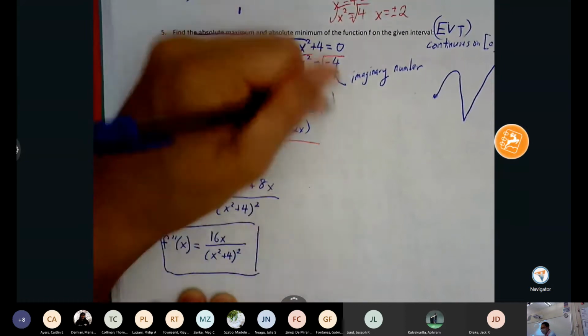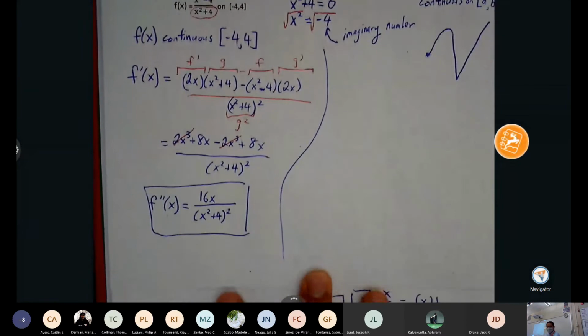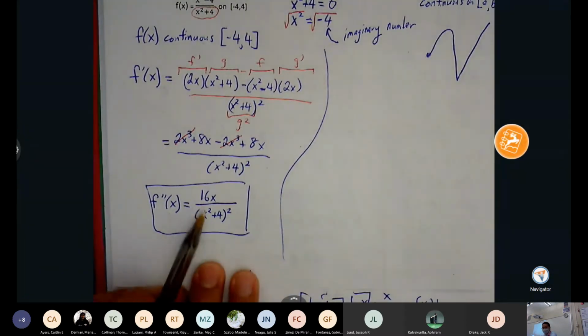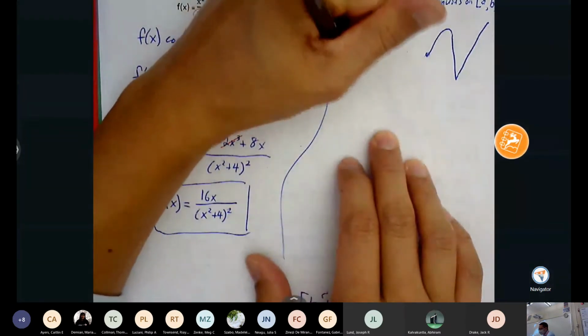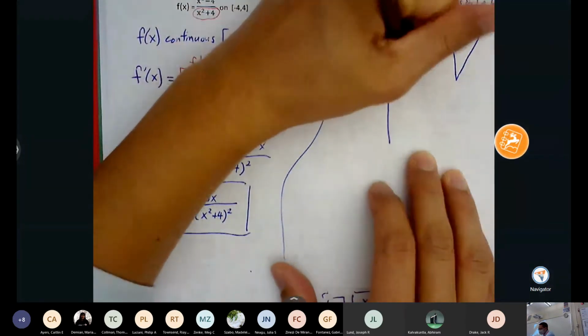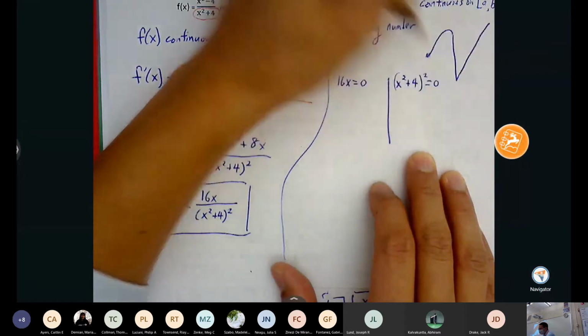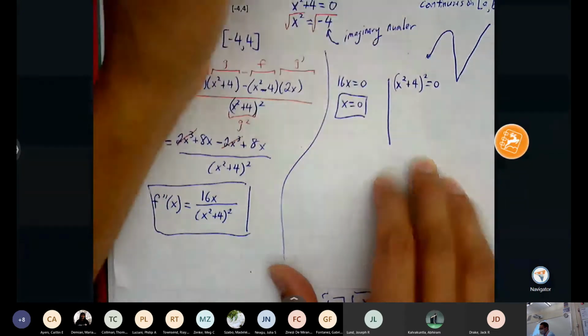All right, so this is where we search for critical points. Where do we look for critical points? Numerator and denominator, right? Set both equal to 0. So here we have one critical point at 0.